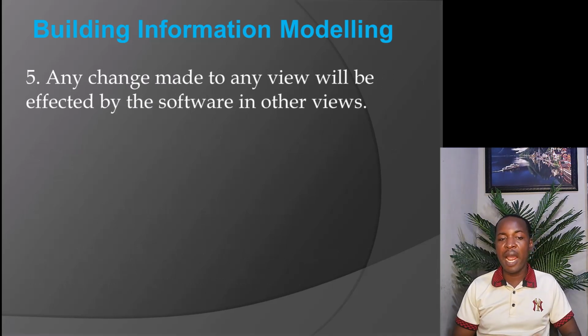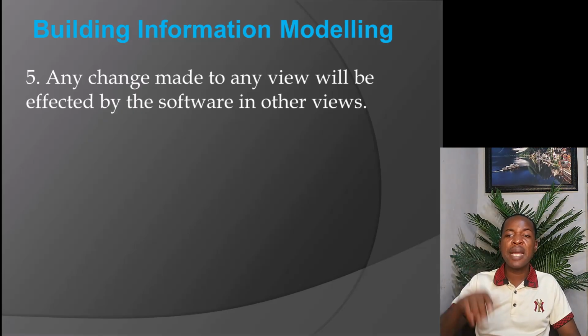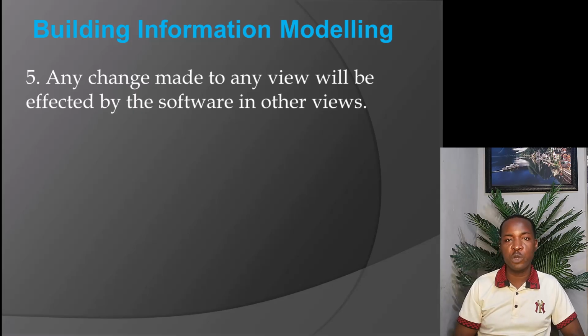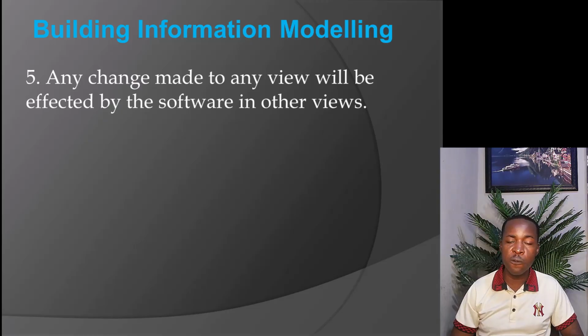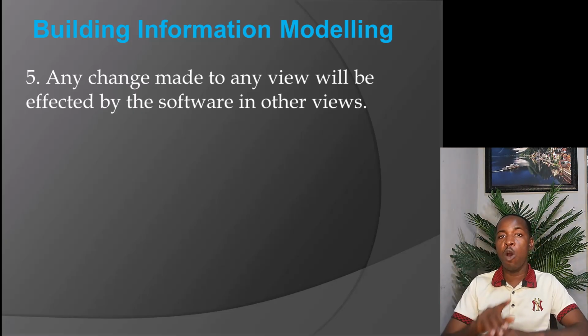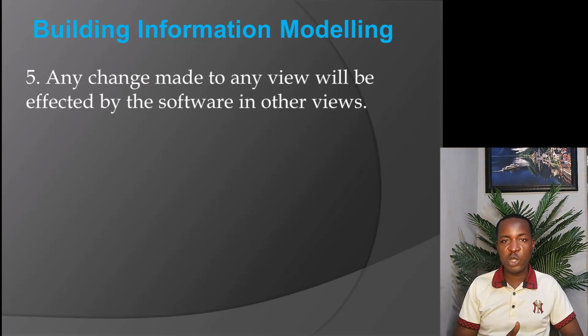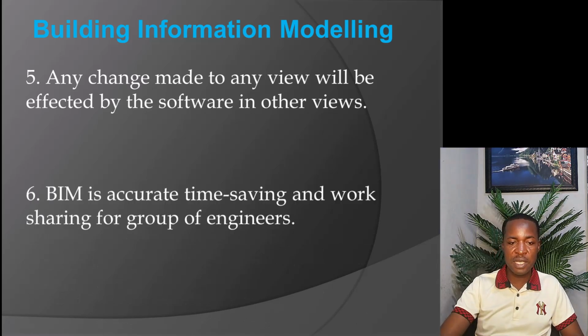Now in BIM, any change you make to any of the views will be reflected by the software in other views. So this makes things very easy. If you remove a column on the floor plan, that same column is removed in all the views, all the elevations, the sections, the details, every other view. So this makes it easier and saves time.